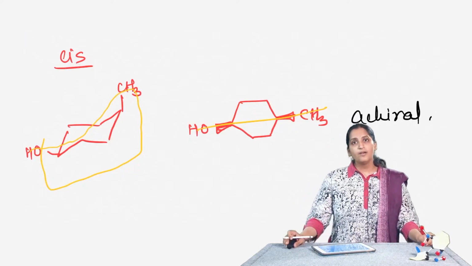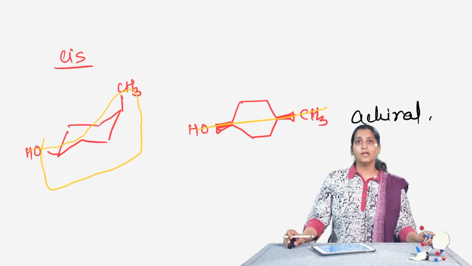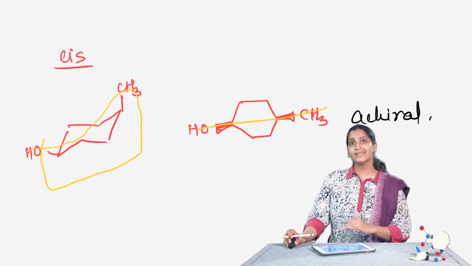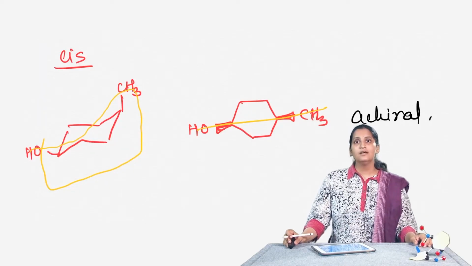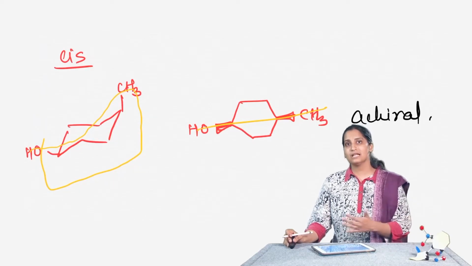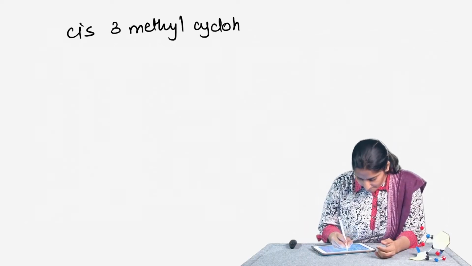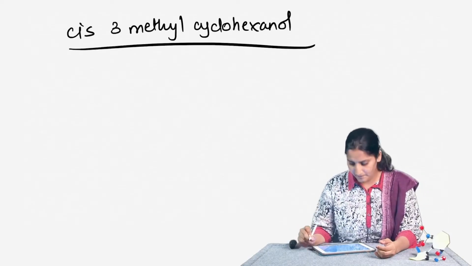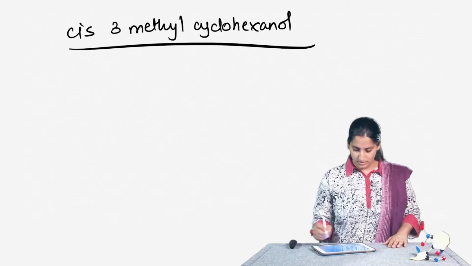Okay. Now, let us go further, and now let us look at the 1,3 derivatives, right. So, now this is cis 3-methyl cyclohexanol. Right.